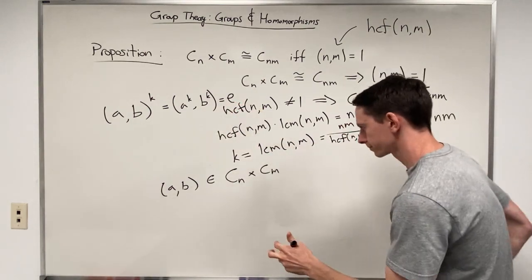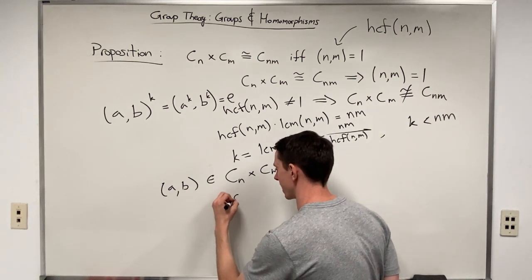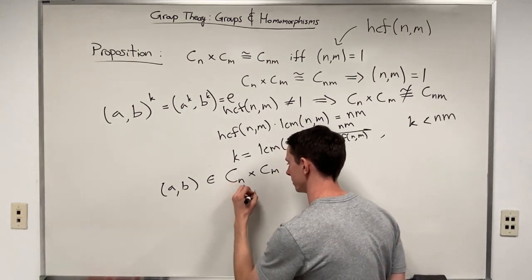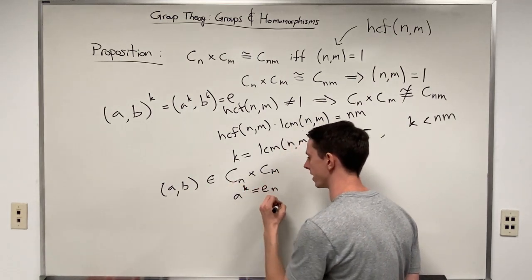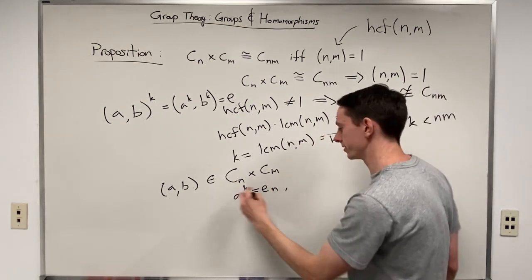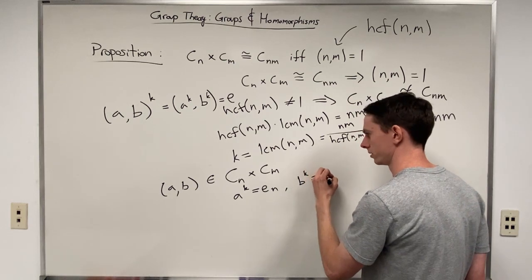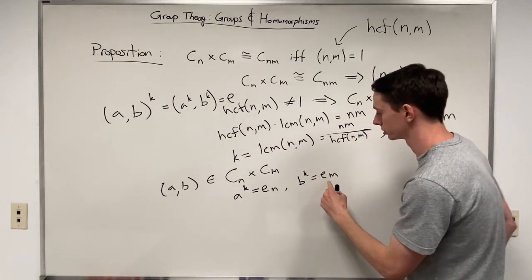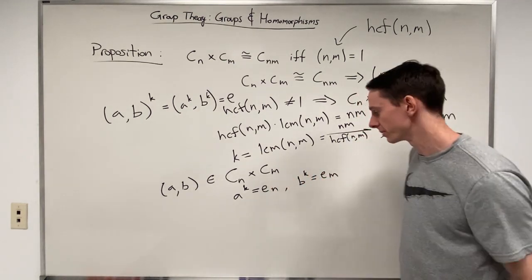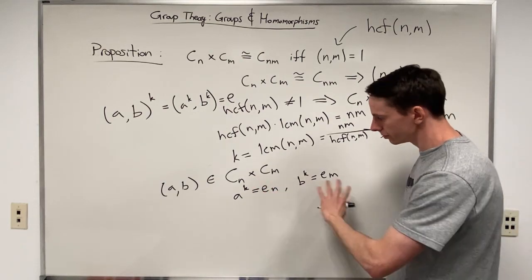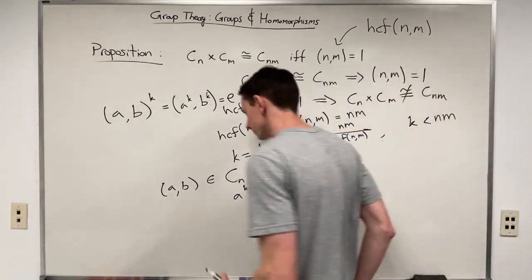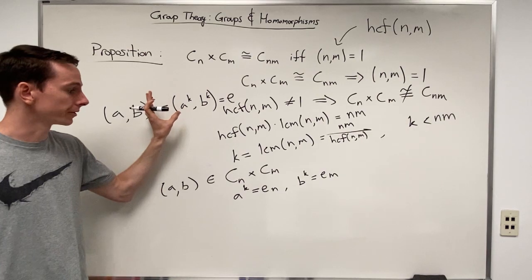In other words, it satisfies that a^k equals e_n, the identity from here, and b^k also equals the identity from C_m. We know that these have to be true. That's kind of what we established right here.